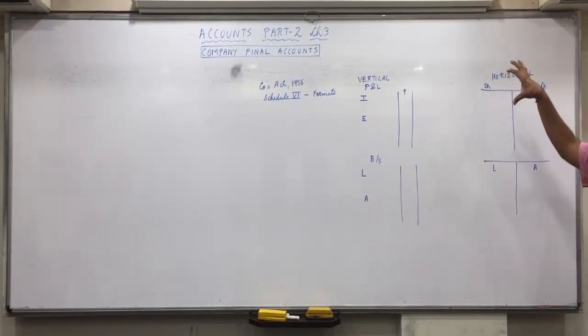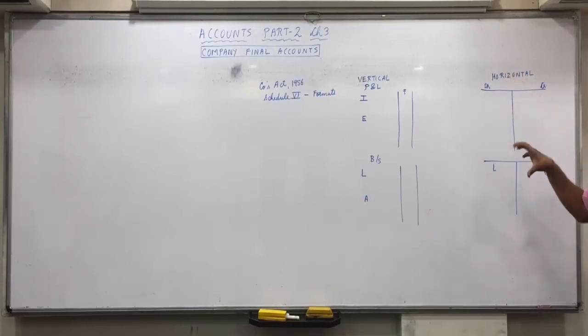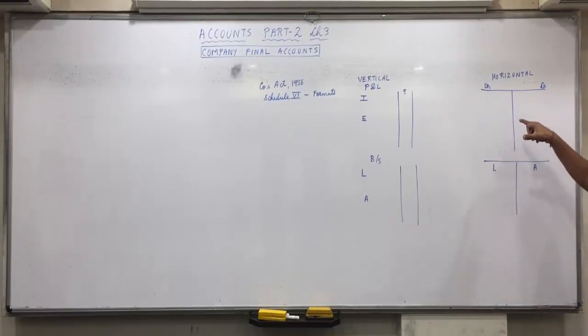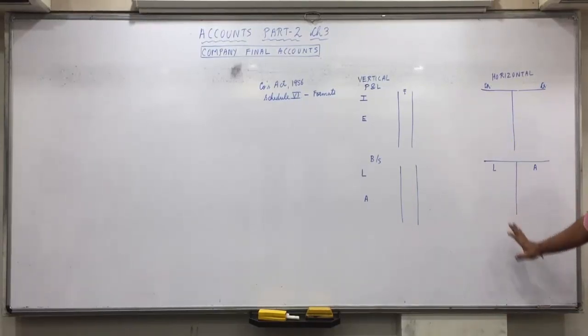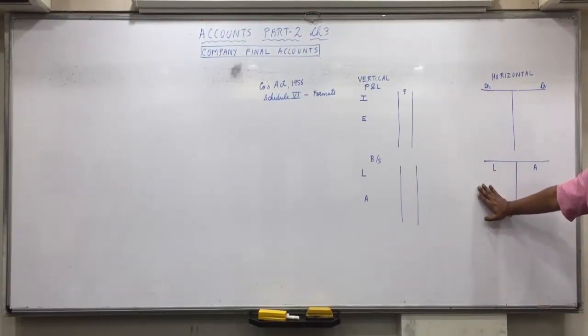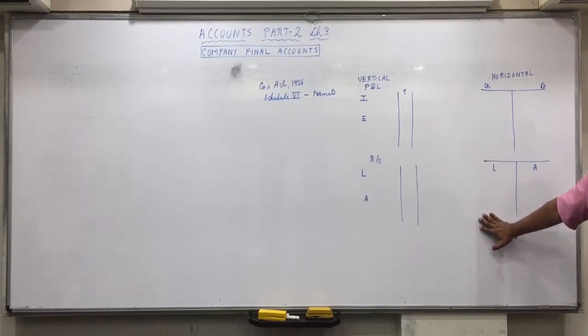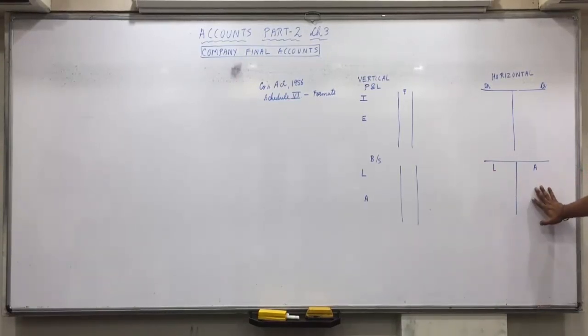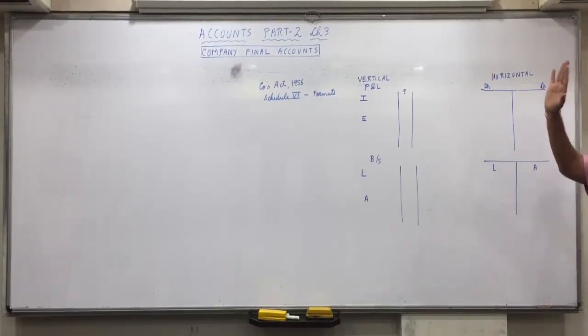The format was only one, but divided in two parts, where the first part represented trading account and the second part represented profit and loss account. Balance sheet was also in the same traditional manner, where the liabilities side had capital, reserves, loans, current liabilities, and the assets side had fixed assets, investments, current assets, exactly the same format we followed in 11th and 12th. From 1956 to 2003 that was followed.